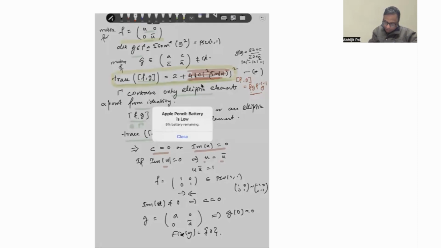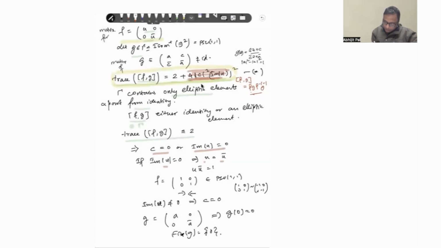And also what we have is u u bar equal to 1. So from that, what we get is that the matrix corresponding to this f will be nothing but the identity matrix.